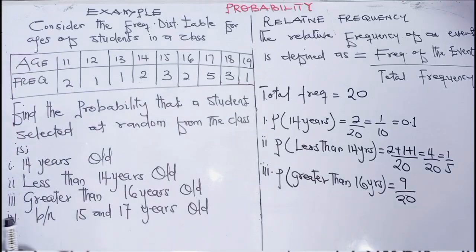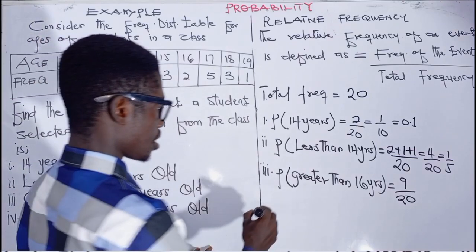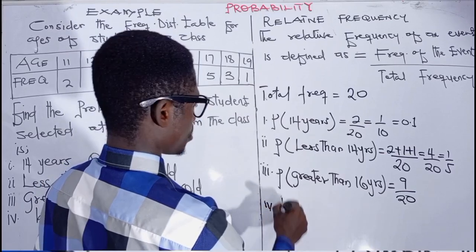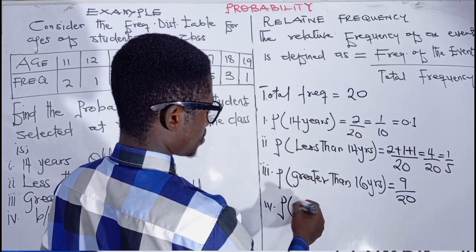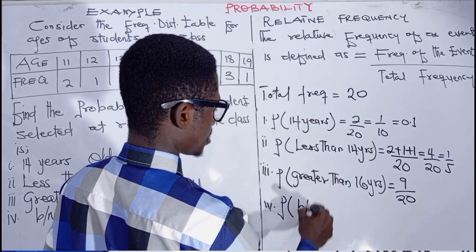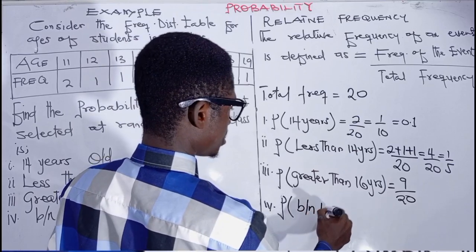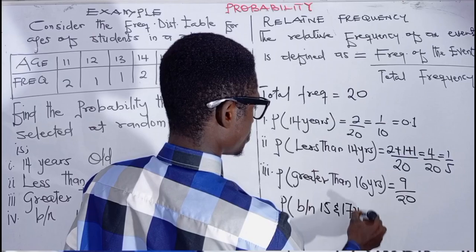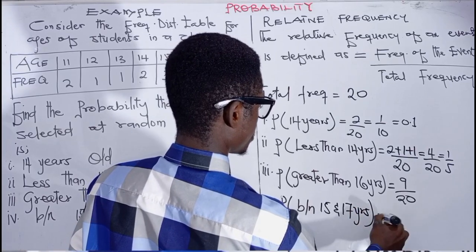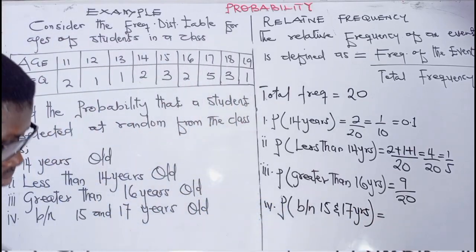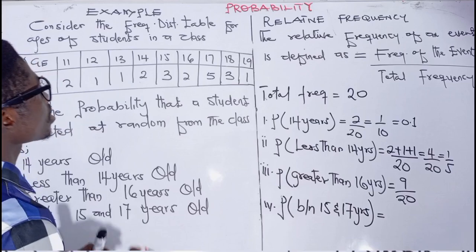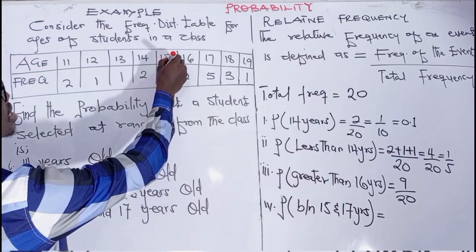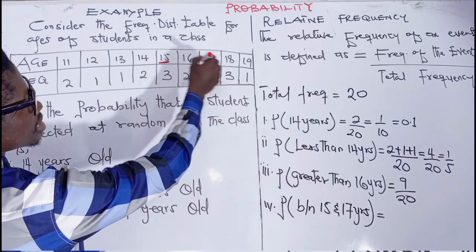Then we have the last one to be between 15 and 17 years old. So the probability of a student selected who is between 15 and 17 years old. So this is 15 years and then 17 years.